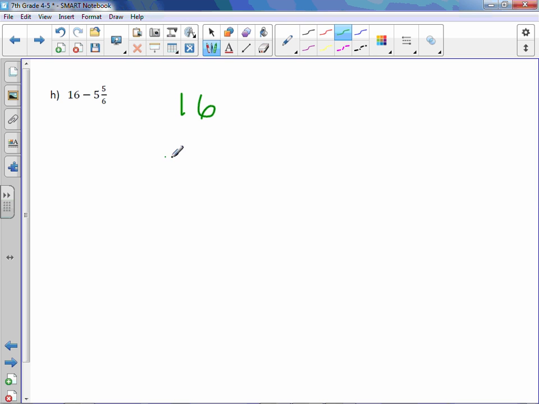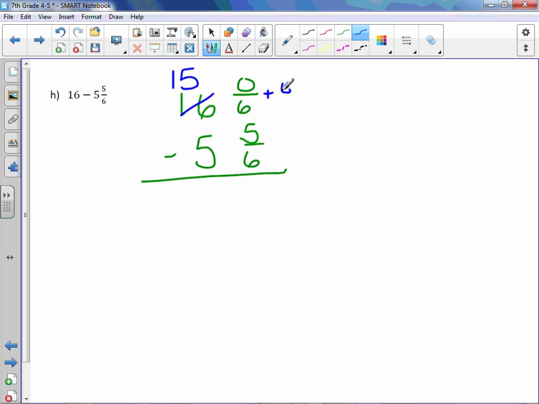16 minus 5 and 5/6. Again, it has 0/6 because it's a whole number. We'll do the borrowing again. It doesn't matter which method you choose. I'm just trying to give you a mix of both here. This would become a 15, and I would add 6 because that's the denominator.